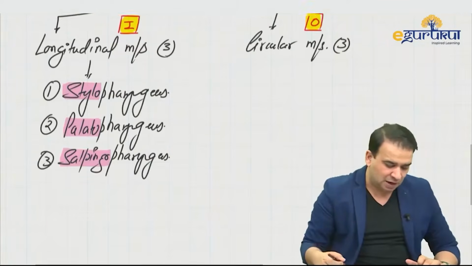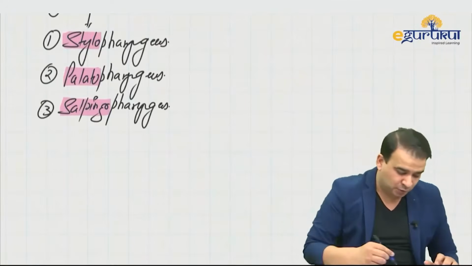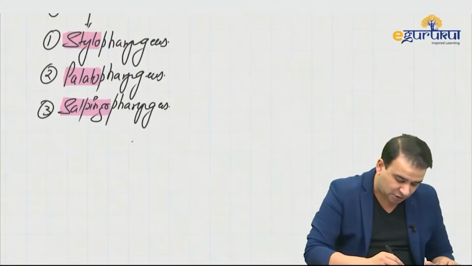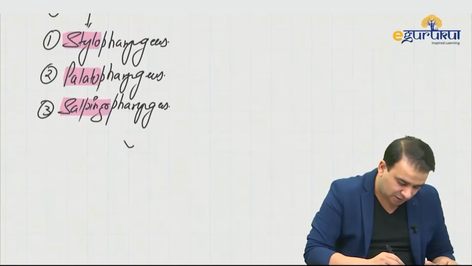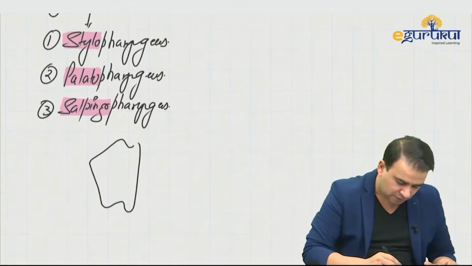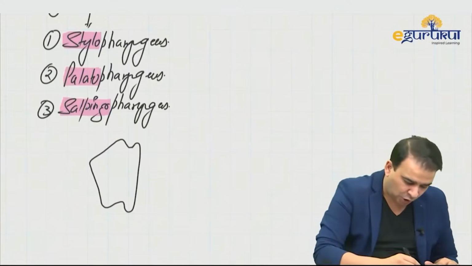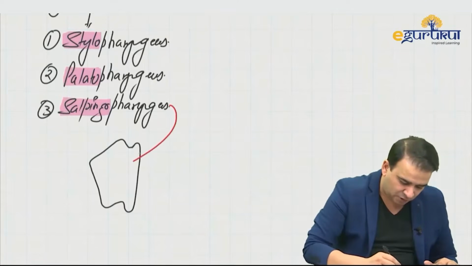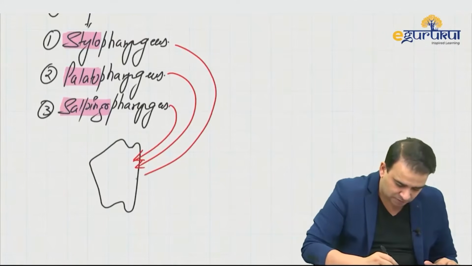The longitudinal muscles of the pharynx are all inserted to the posterior border of the thyroid cartilage. Let us say this here is the thyroid cartilage. All these longitudinal muscles will come down and get inserted onto the posterior border of the thyroid cartilage.